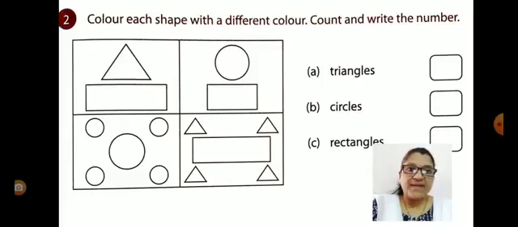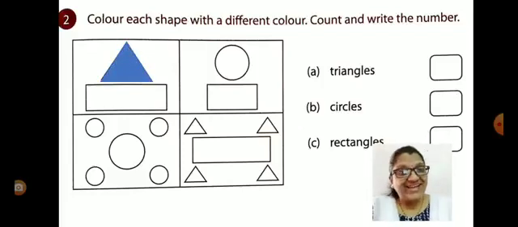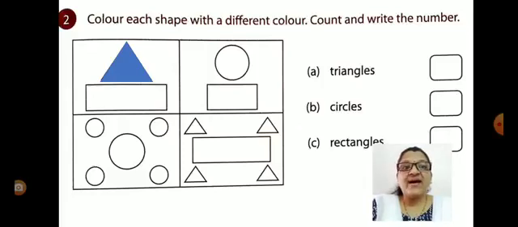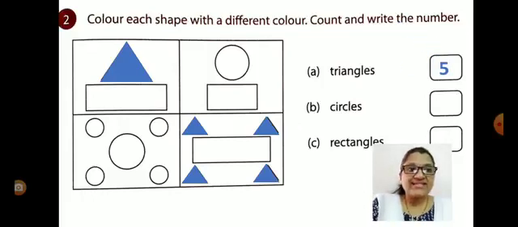Let us take first shape, triangle. Let us color it with blue color. You can color it with any color, children. So how many triangles we see here? 1, 2, 3, 4, 5. So we have to write number 5. 5 triangles in the given box.